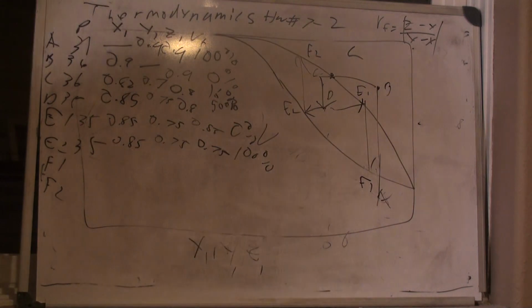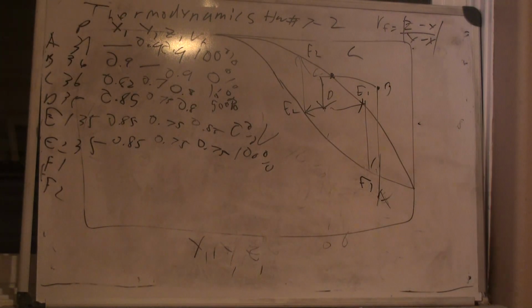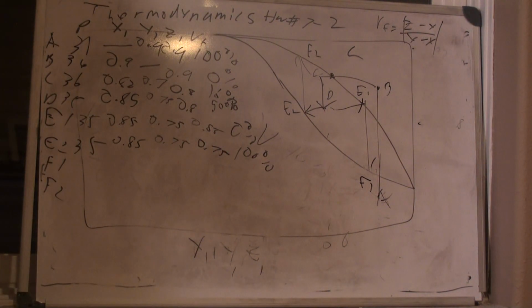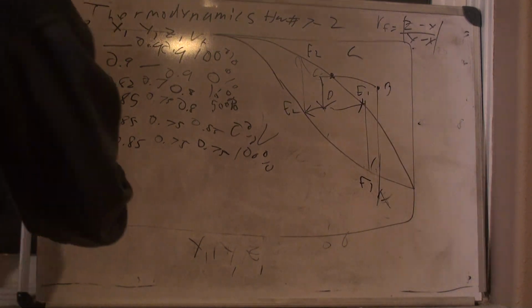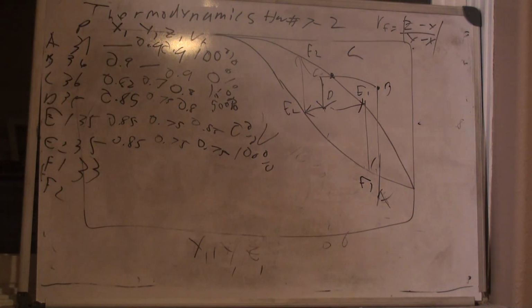All right, F1. The liquid is sent to a throttling valve to lower the pressure until one drop remains. So one drop remains, I do that. I look at the graph. That's about 33, I'd say. Has my liquid composition changed?